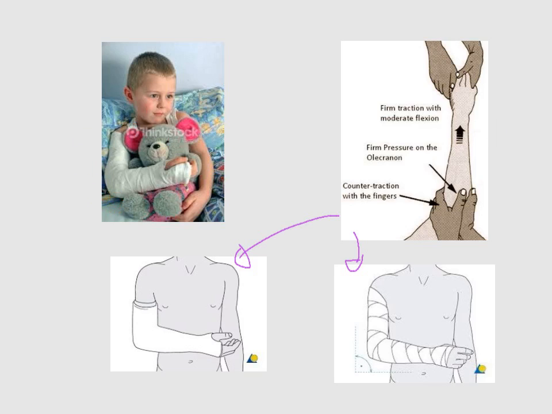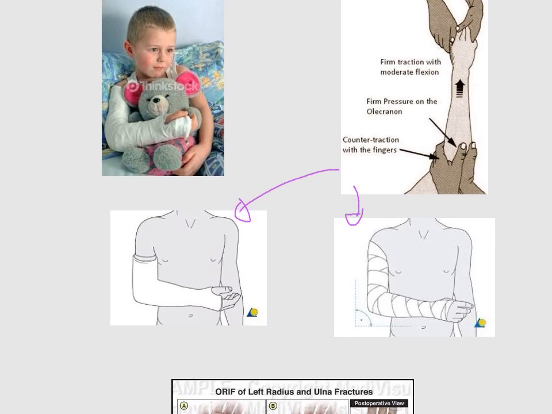After putting on the cast, one week later we have to do an X-ray. If it is successful and there is no displacement, then we just retain the splintage and wait 6 to 8 weeks to heal.